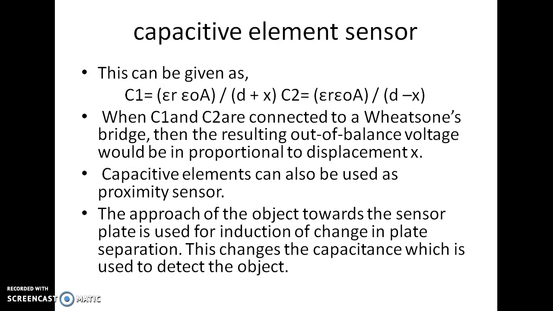That can be given as C1 equal to epsilon r into epsilon 0 into A divided by D plus X, and C2 equal to epsilon r into epsilon 0 into A divided by D minus X. When C1 and C2 are connected to a Wheatstone bridge, then the resulting out of balance voltage would be proportional to the displacement X.